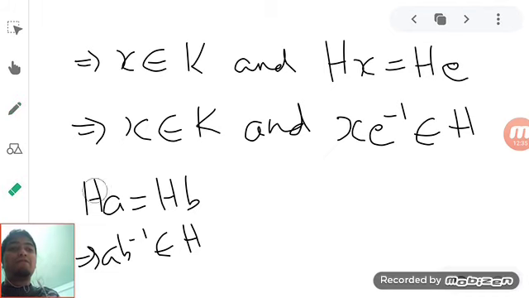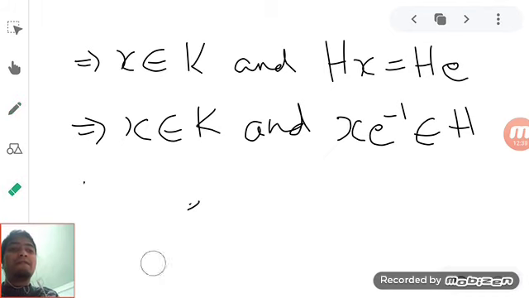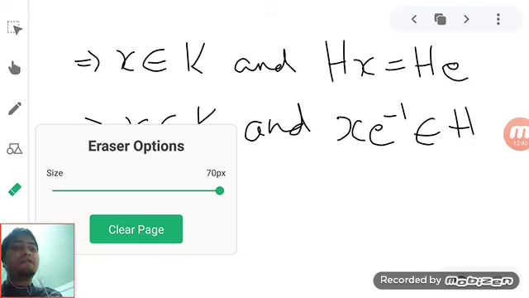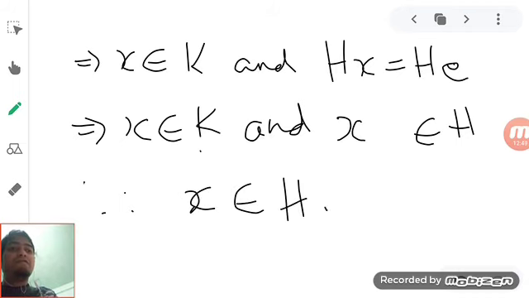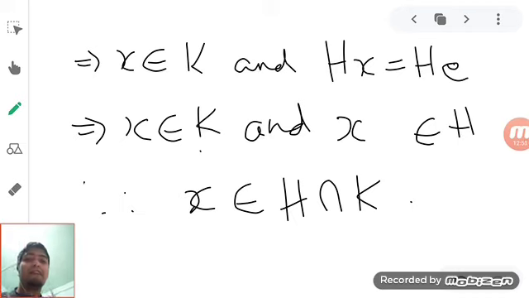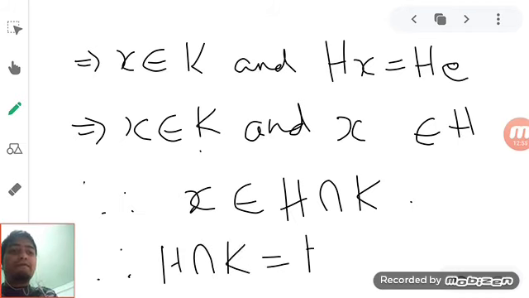So x e inverse belongs to H, or simply x belongs to H. Therefore, x belongs to K and x belongs to H, so it will belong to H intersection K. So we will have this.